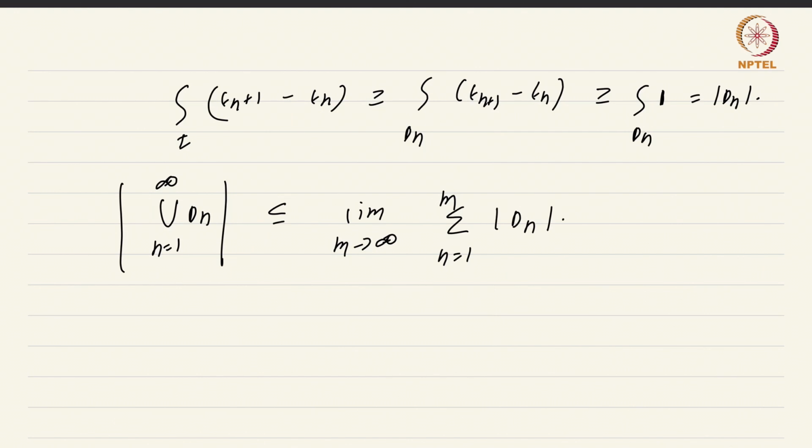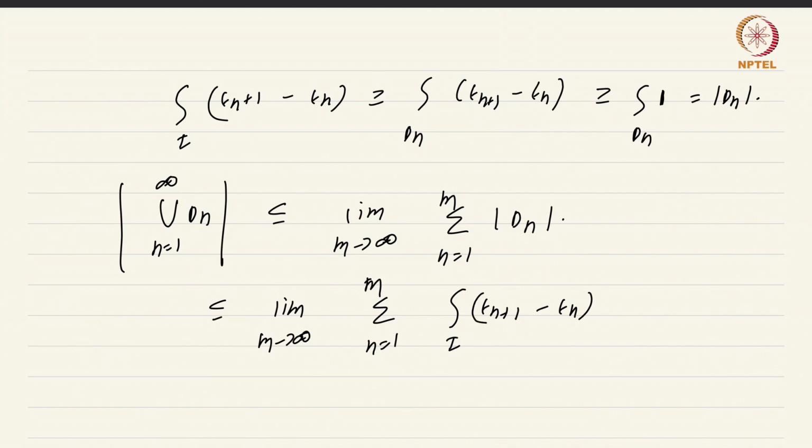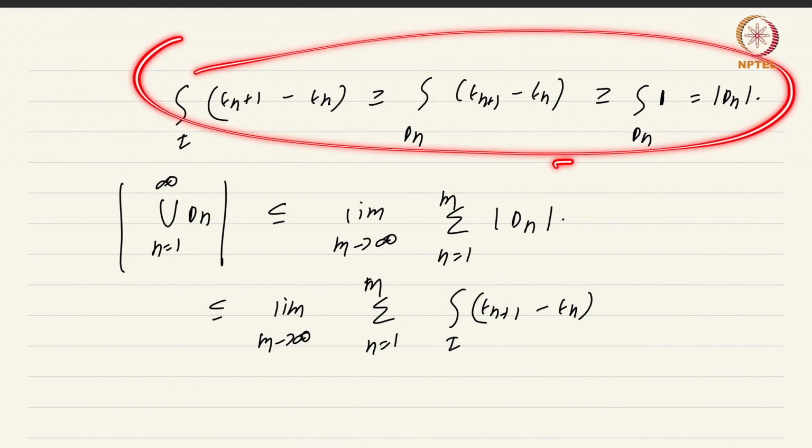Okay, and from what we have established, this is less than or equal to the limit as m goes to infinity of the sum n equal to 1 to m of the integral over I of T_{n+1} minus T_n. By exactly the previous line, by this line, we immediately get this.